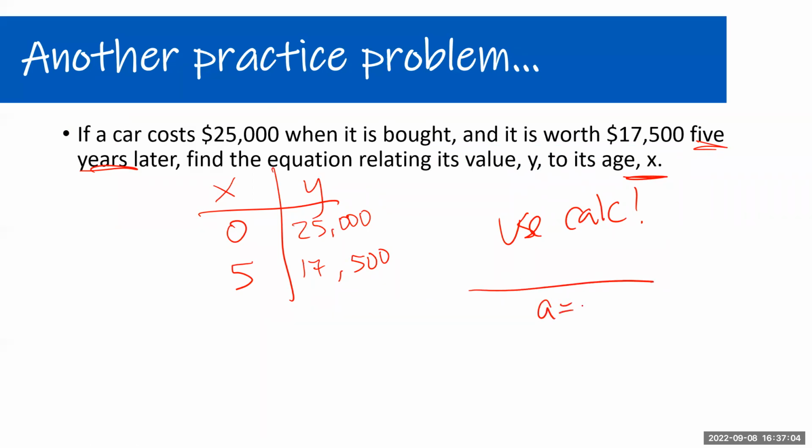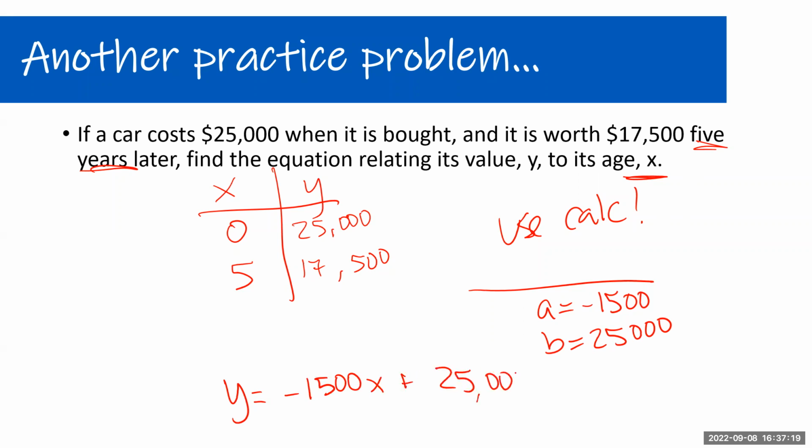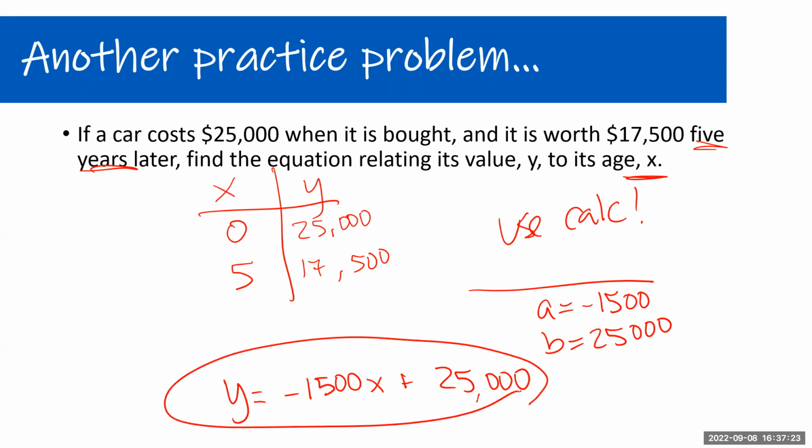It tells us that A is negative 1,500, B is 25,000. So if we write this, we have y equals negative 1,500x plus 25,000. And that's our answer there.